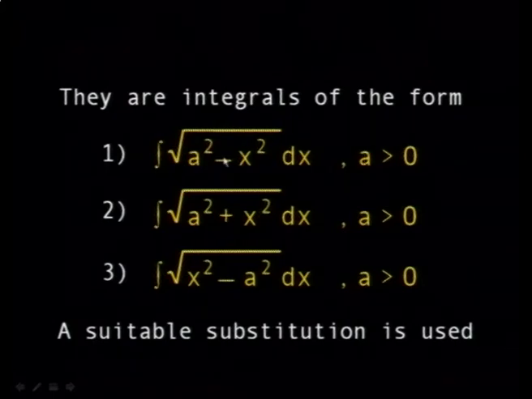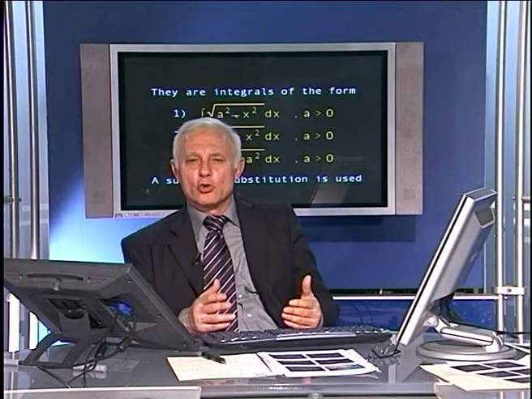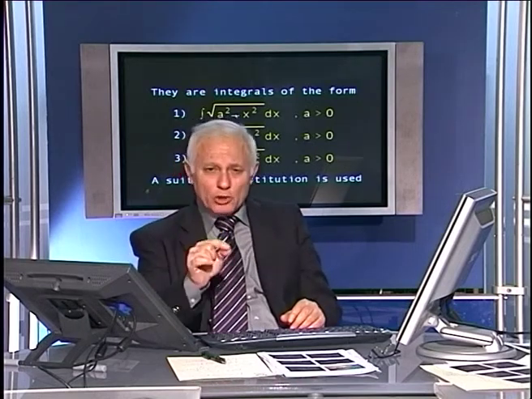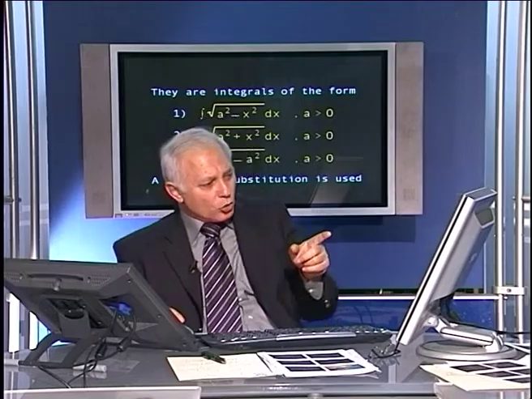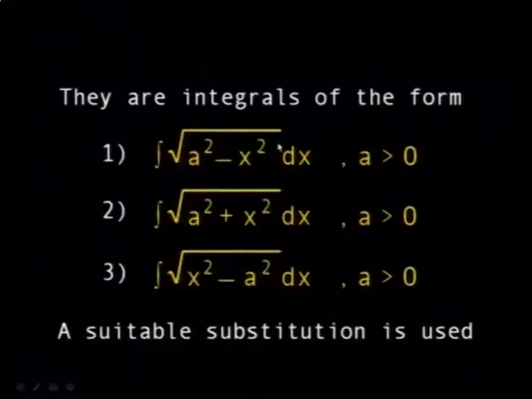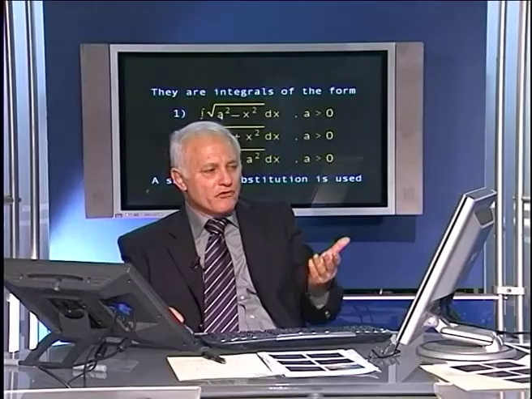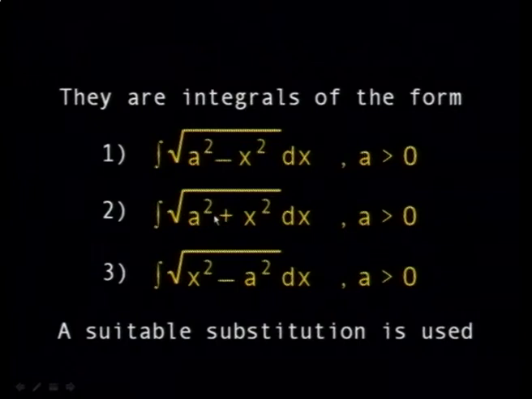I call it removing the square root, because the substitution that you choose is the one suitable to remove the square root. For example, here you want to remove the square root. How would you remove it? By which substitution? If you choose x is equal to a sin theta, then you have a squared minus a squared sine squared theta. So you get a cosine theta directly. So you have removed the square root. And here, how can you remove it? You put x is equal to a tan theta, whereas here you put x is equal to a sec theta.